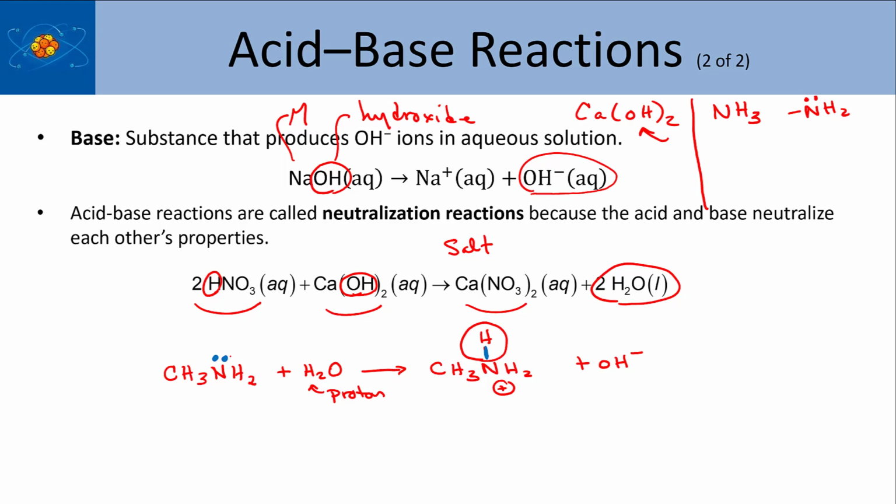That bond removes the H plus from the water and leaves me with OH minus. So there are other ways to make solutions basic when you put something in water. But this turns out to be a different definition, but I just wanted you to recognize that that's what an amine base will do, and it produces hydroxide in that kind of reaction.